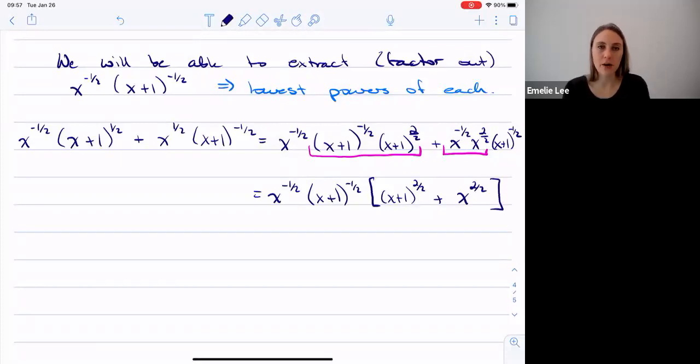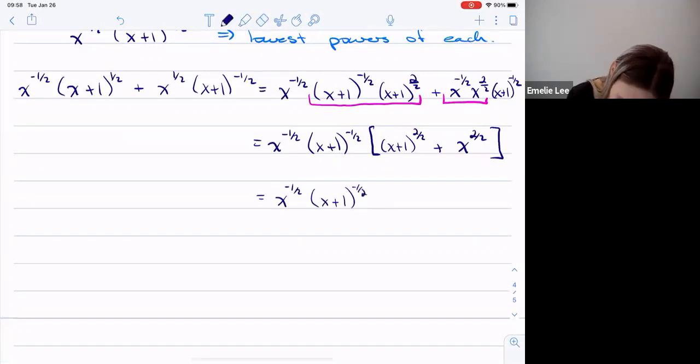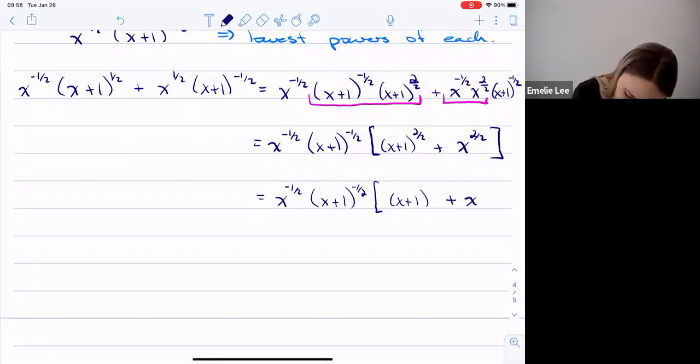Okay. Now I can get rid of some of these powers inside those square brackets. So this becomes x to the negative 1/2 times x plus 1 to the negative 1/2, times x plus 1 to the power of 1 plus x to the power of 2/2, which is also just 1.